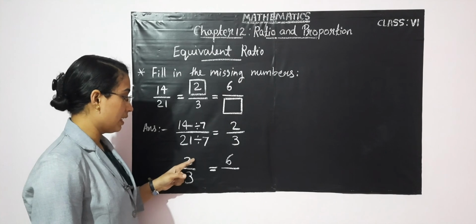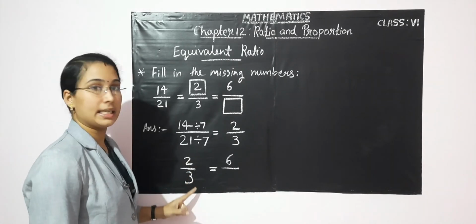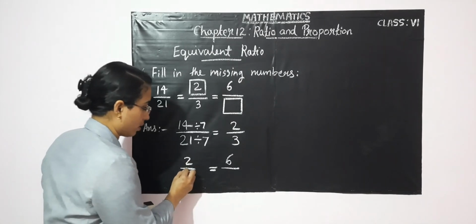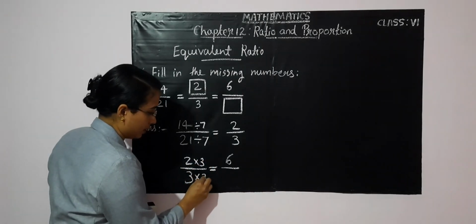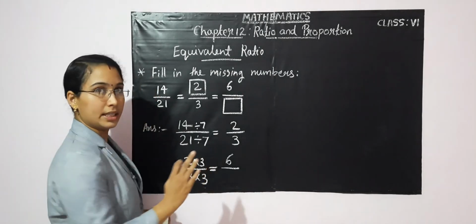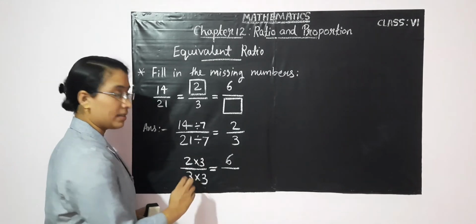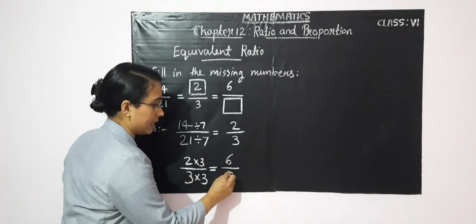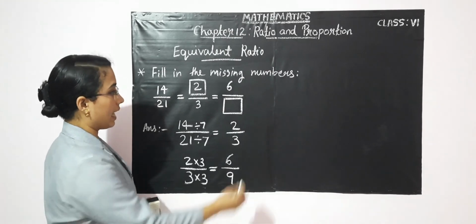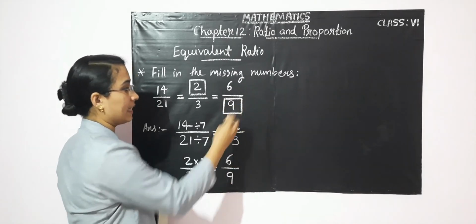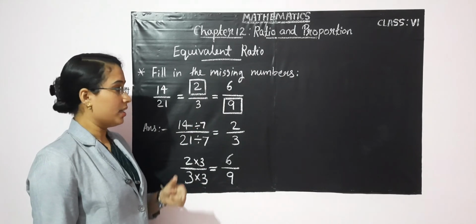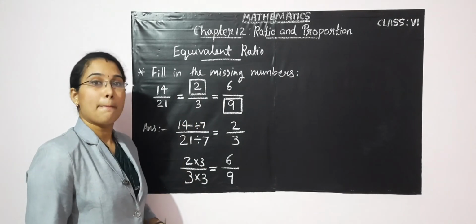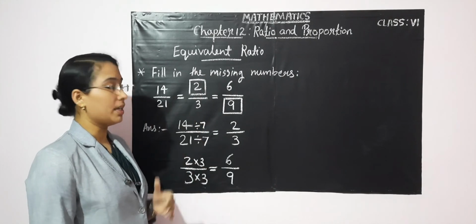So we can use 3 for multiplying numerator and denominator. So 2 into 3 and 3 into 3. 2 into 3 we already have 6. Then what is 3 into 3? 3 into 3 is 9. So here the answer is 9, the missing number in the third fraction. Okay. So this way we can find out the missing numbers in the given fractions.